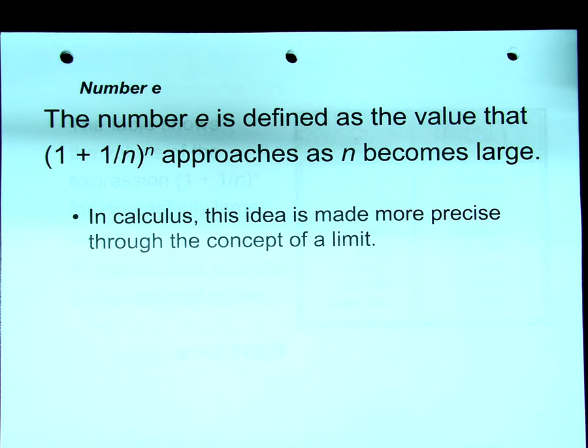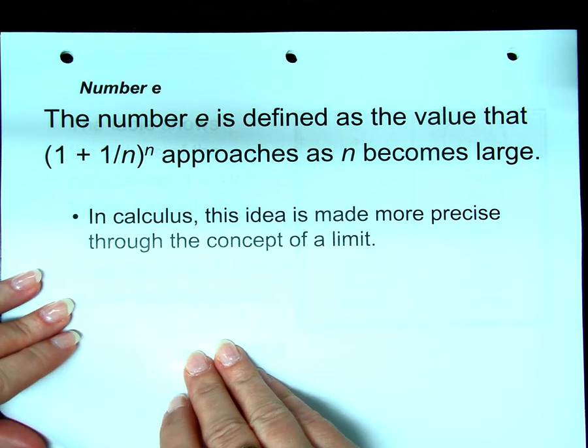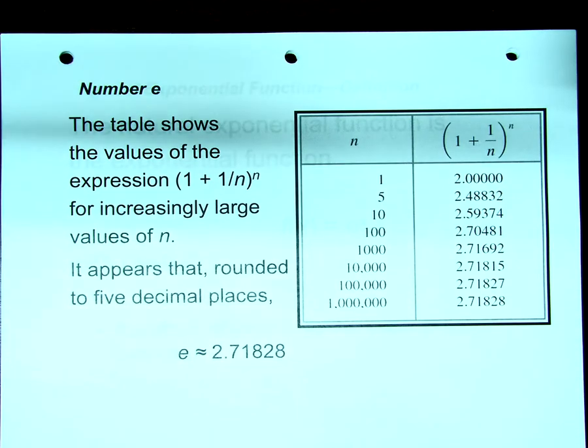The number e is defined as the value that (1 plus 1 over n) to the n power approaches as n becomes large. In calculus, this idea is made more precise through the concept of a limit. We don't talk about limits in Algebra 2 very often, but e is one of the places where we can start to talk about it.